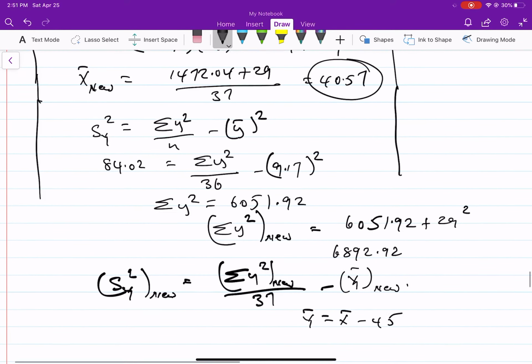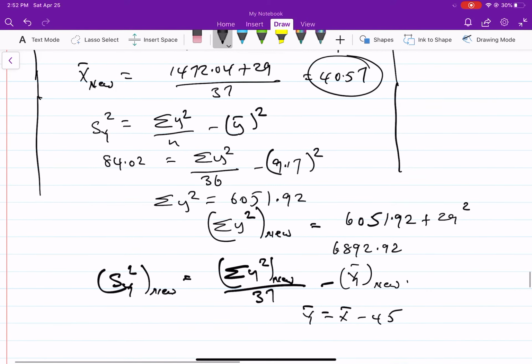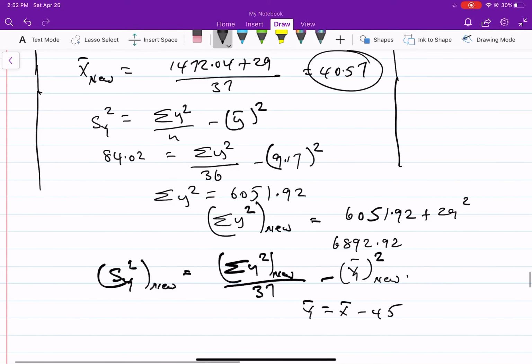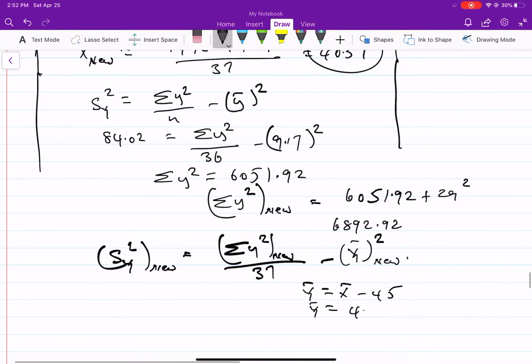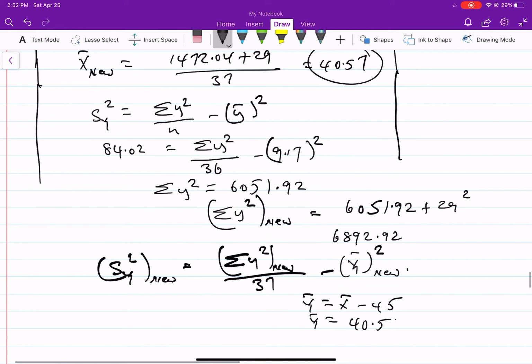So that would be 40.57 minus 45, which gives me minus 4.43.